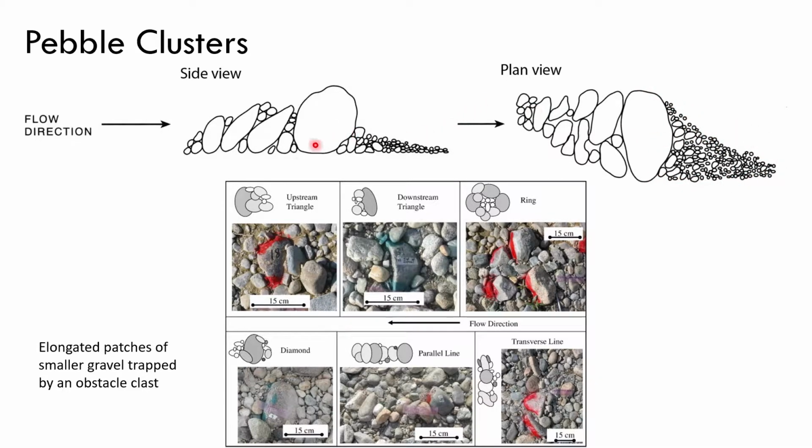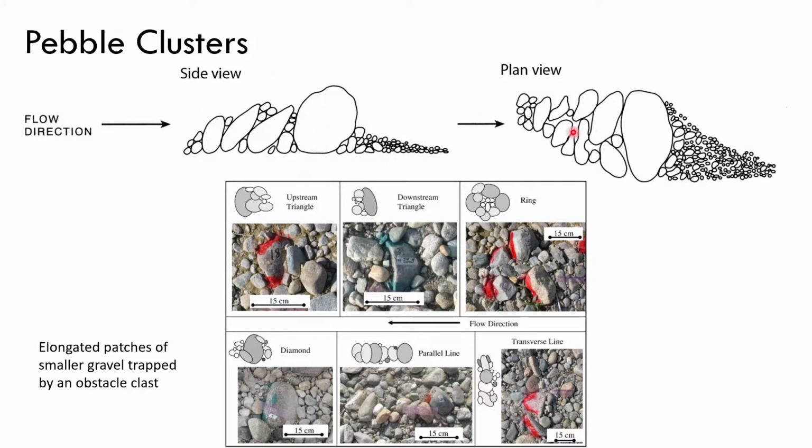There are different ways that this can express itself in rivers, depending on the flow conditions and the sediment size. There's a few here that I've pulled out of an article. There are things we call upstream triangles, where the small pebbles are actually on the upstream side.